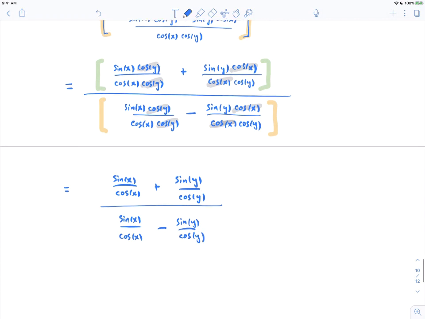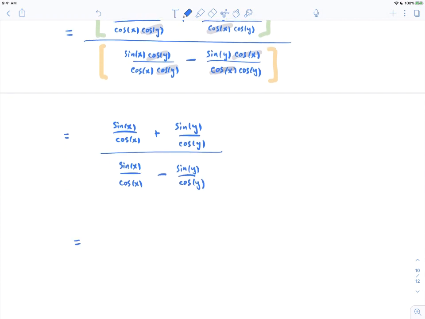But sine over cosine is tangent, so this is tangent of x plus tangent of y divided by tangent of x minus tangent of y. The numerator has a plus, the denominator is the one with the minus.